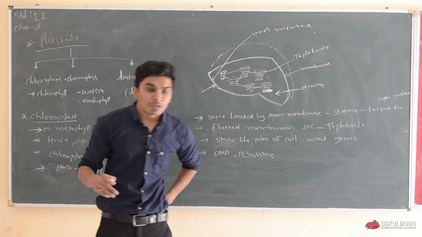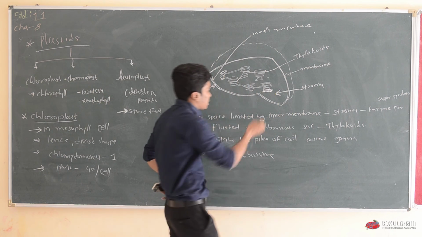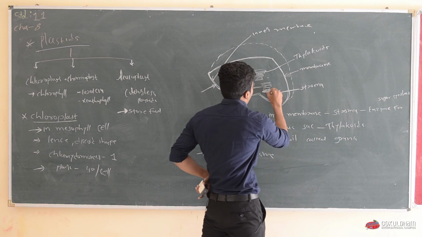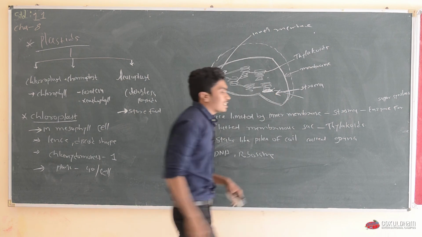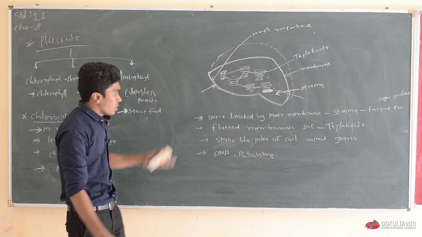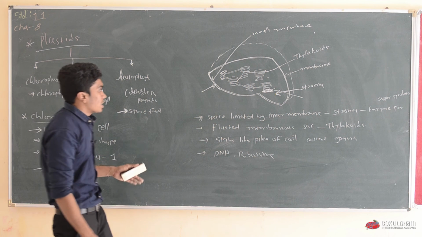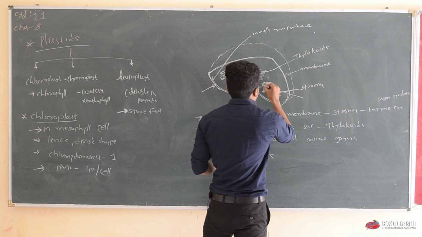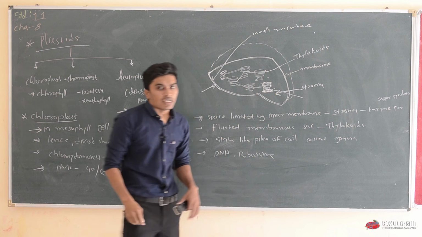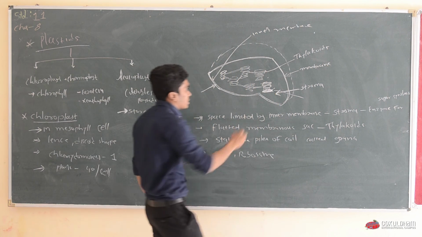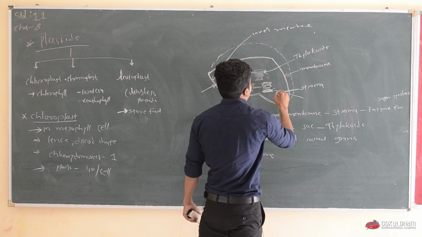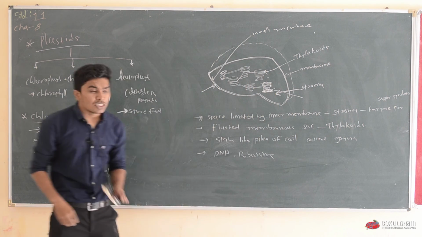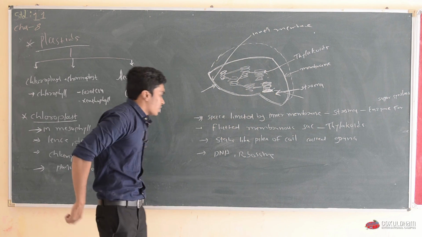The space of the thylakoid membrane is known as lumen, and the stack-like structure of these thylakoids arranged like piles of coins forms a structure known as a grana or granum.